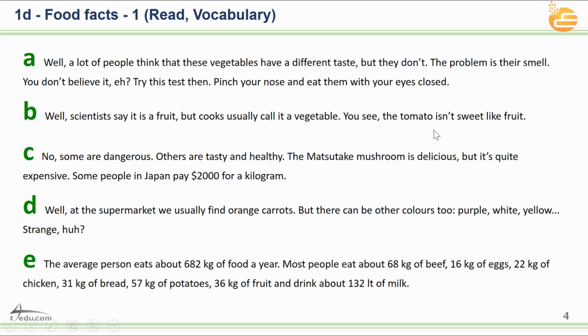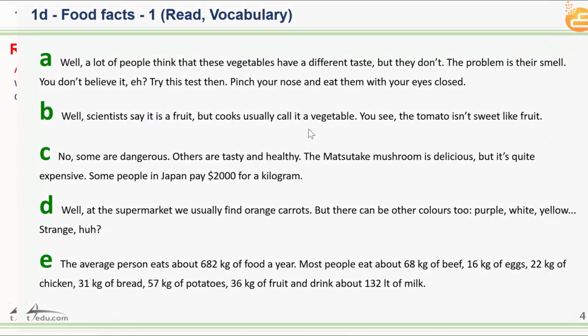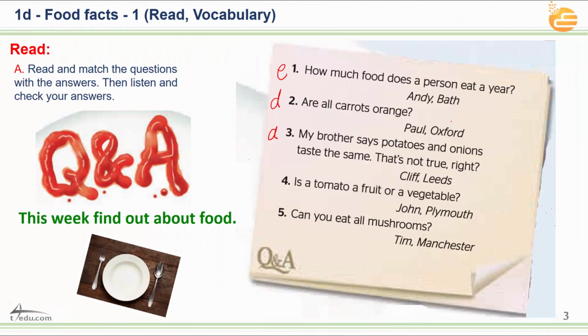You see, the tomato isn't sweet like fruit. That's why people call it a vegetable, not a fruit. Okay, so number 4 we said with B. Okay, number 5, can you eat all mushrooms?